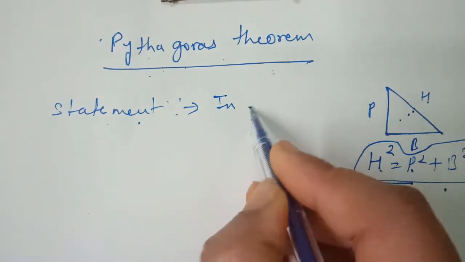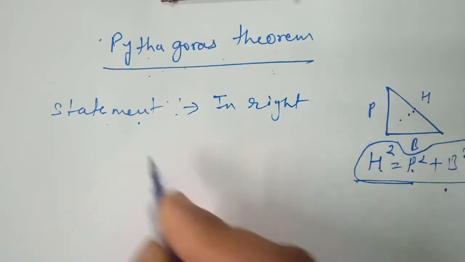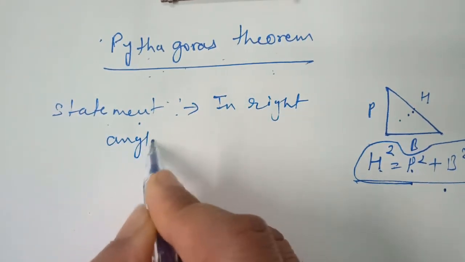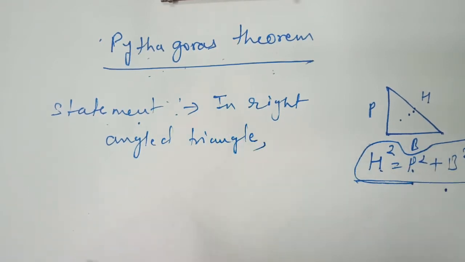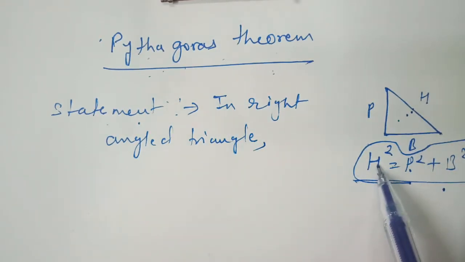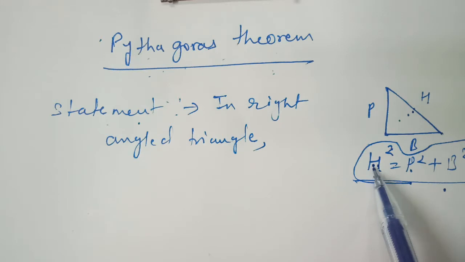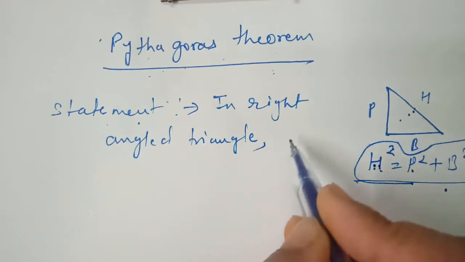In a right angled triangle, the square of the longest side, hypotenuse is called the longest side. You can use the word hypotenuse or longest side, both will be correct.